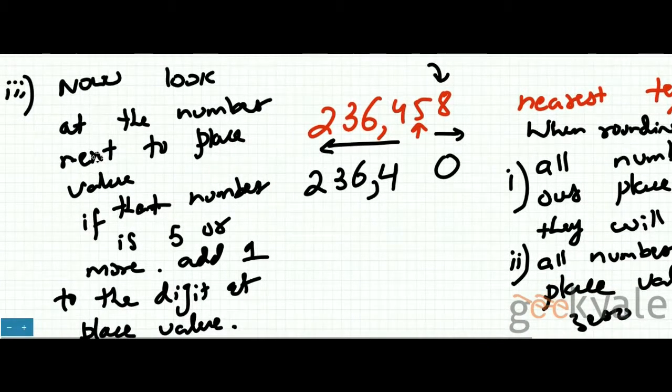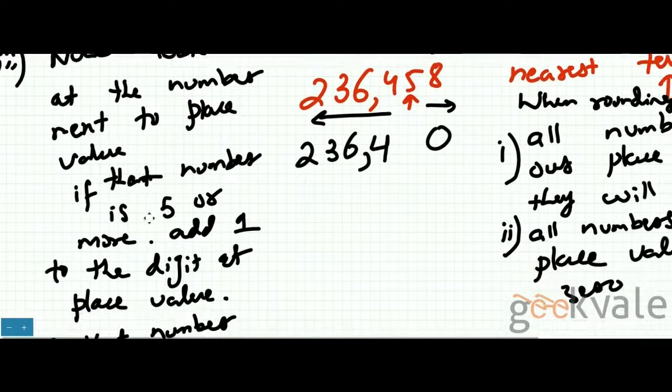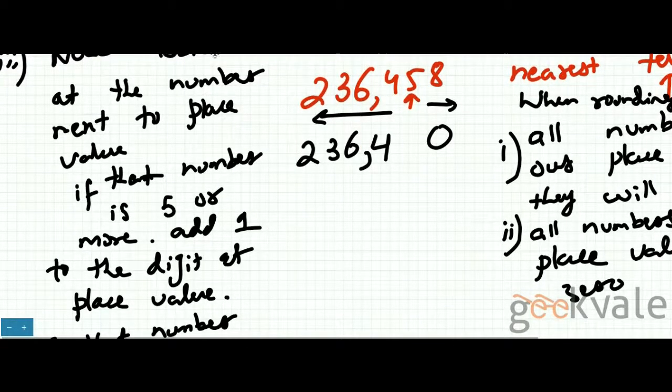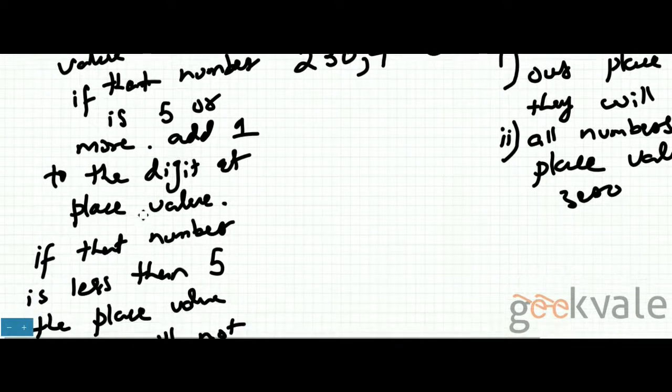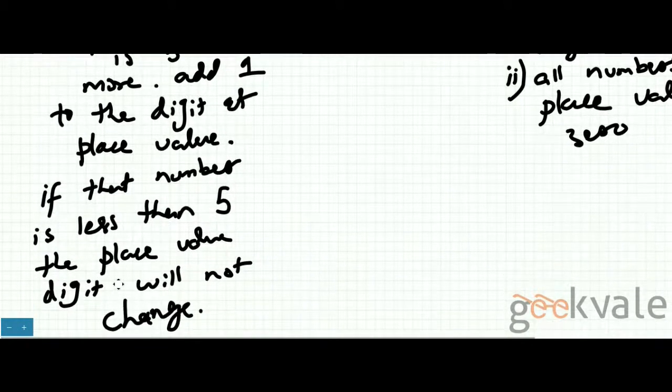Now look at the number next to the place value. Next to the place value is 8. If that number is 5 or more, add 1 to the digit at the place value. What is the digit at the place value? That is 5. So add 1 to that. Otherwise, if that number is less than 5, the place value digit will not change.